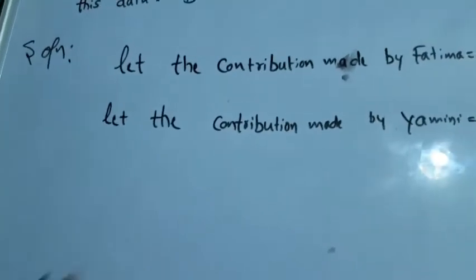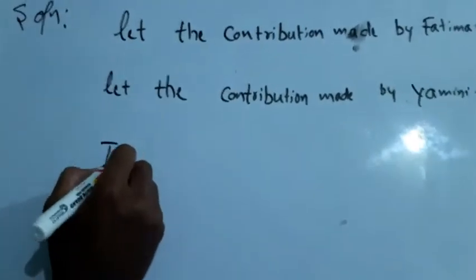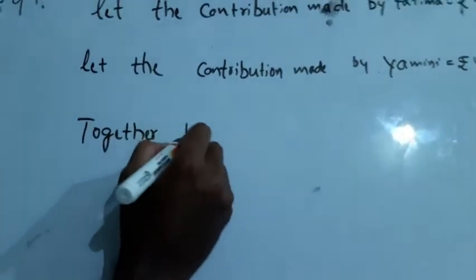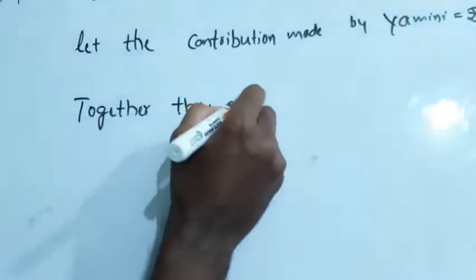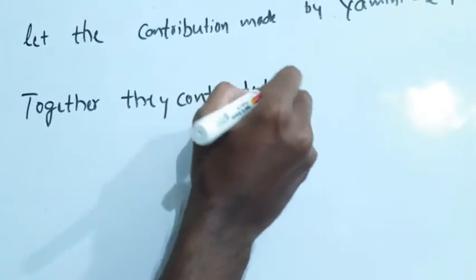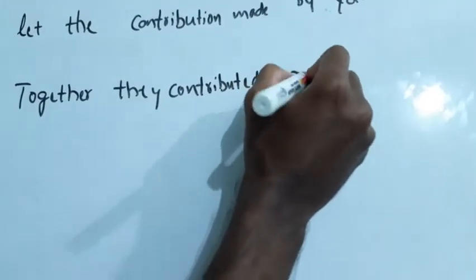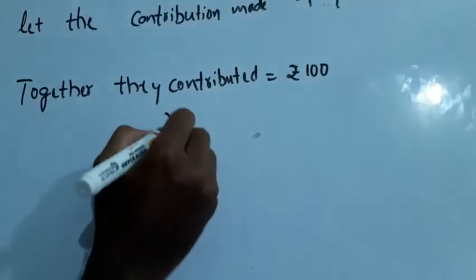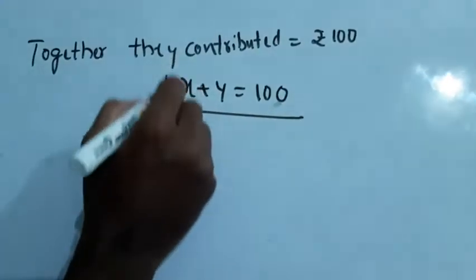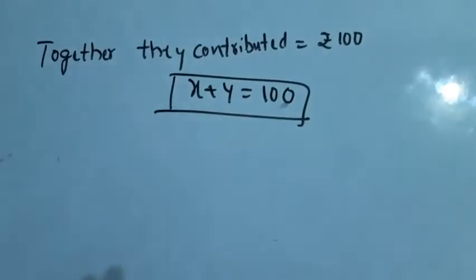Now together they contributed ₹100. Together means x plus y is equal to 100. This is the linear equation in 2 variables.